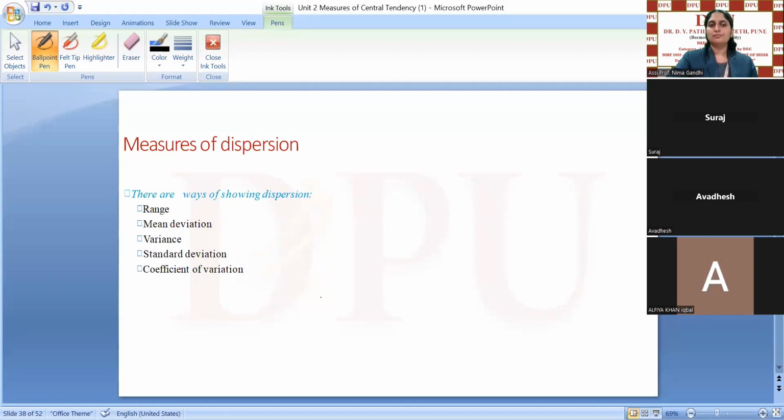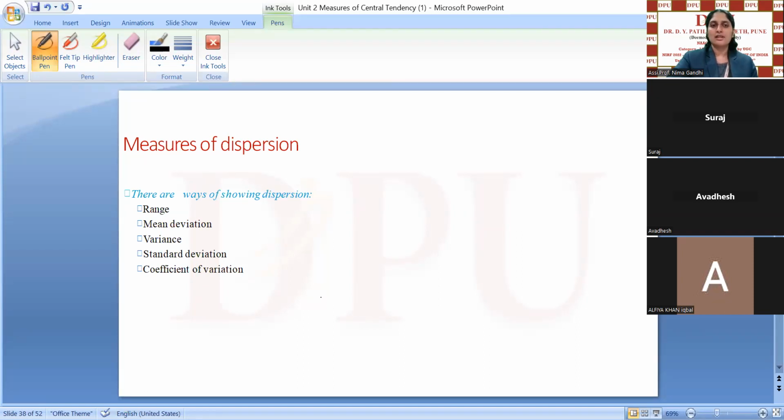When you are interested in knowing how your data is scattered around the mean, you are basically interested in finding out the mean deviation from the mean, or variance or standard deviation, or a range gives you how your data is scattered. So how your data is dispersed is given by the measures of dispersion. You have different measures under this: range, mean deviation about mean, mode, median, the variance, standard deviation, and coefficient of variation.